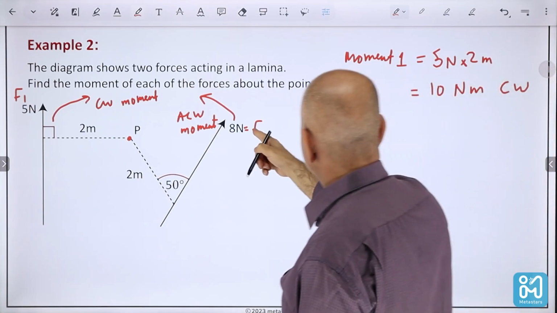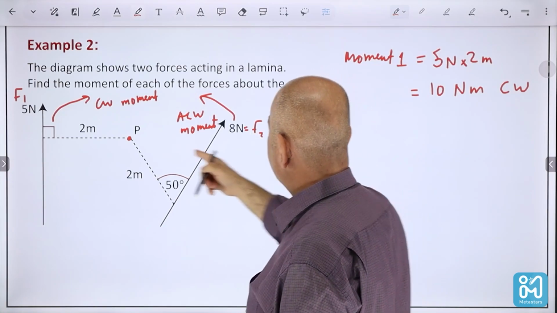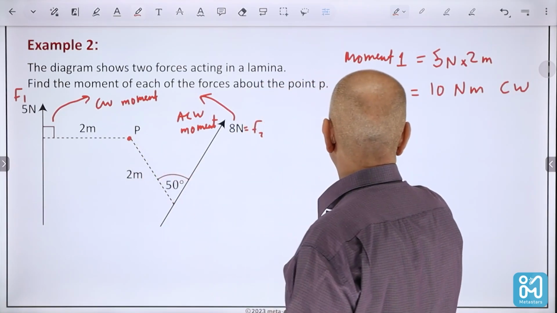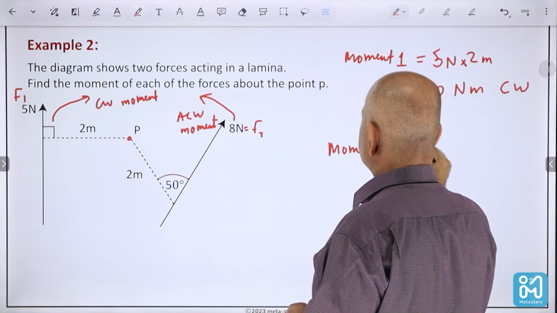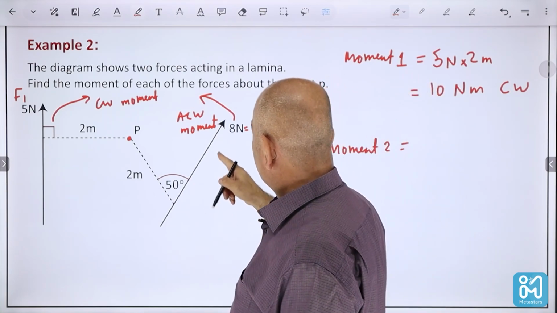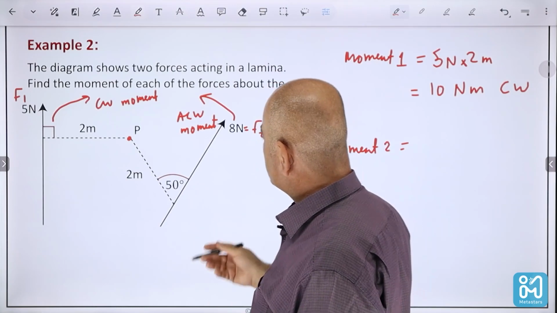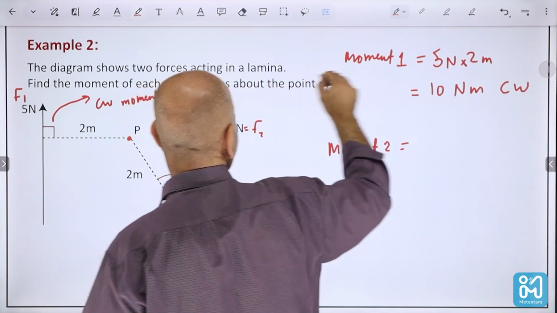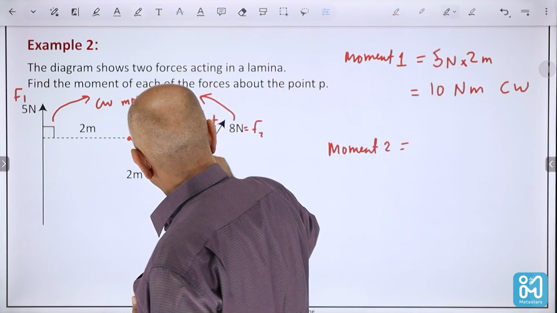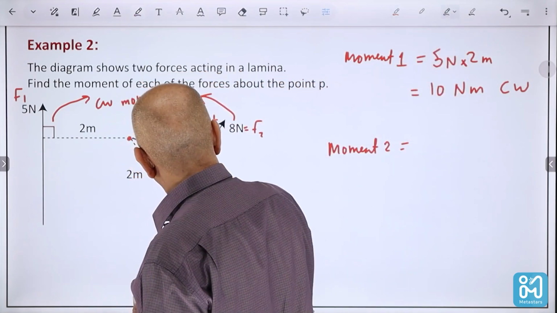Now moment 2, which is the moment produced by force 2 about P, equals, we need the perpendicular distance. So all you need to do is just use sine, because the perpendicular distance is that distance over here. That is the perpendicular distance, correct?